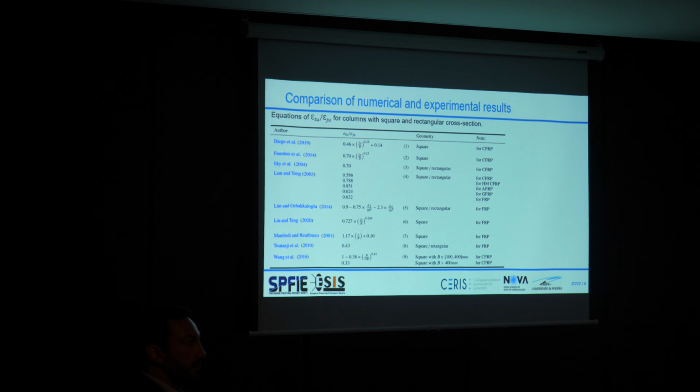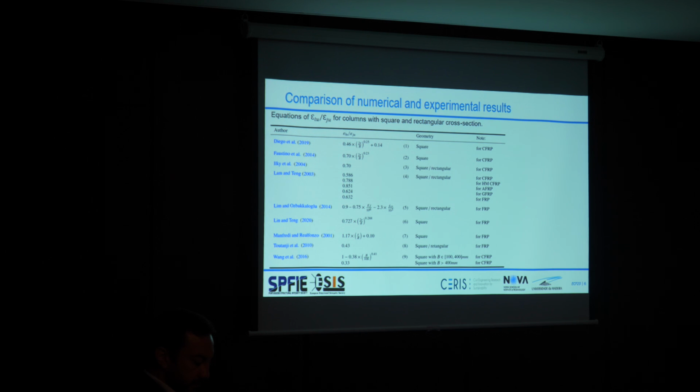So in practice, we programmed the model, and we changed the way of getting the failure strain of the FRP. For example, some of the models use the value given by the manufacturer, but in most of the experimental tests that we have performed and found in literature, that value is much smaller, sometimes 50 to 60% smaller than the value provided by the manufacturer.